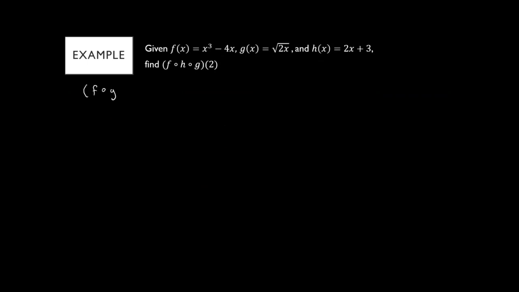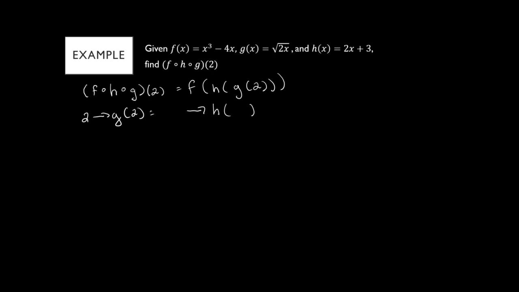So F circle, oops, H circle G of 2 means you have F, you've plugged in H, and into H you plugged in G. So we plug 2 into G, we get some output, then we take that output and plug that into H, and then we take that output and we plug it into F. So you can do multiple compositions.